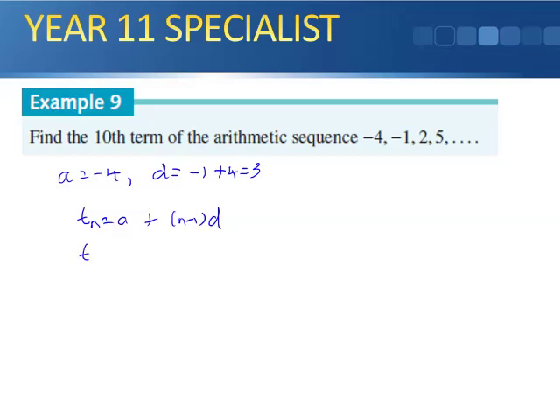So T of 10 becomes -4 plus (10 minus 1) times 3. So we get -4 plus, well, 10 minus 1 is 9, 9 threes are 27, and we end up getting 23.